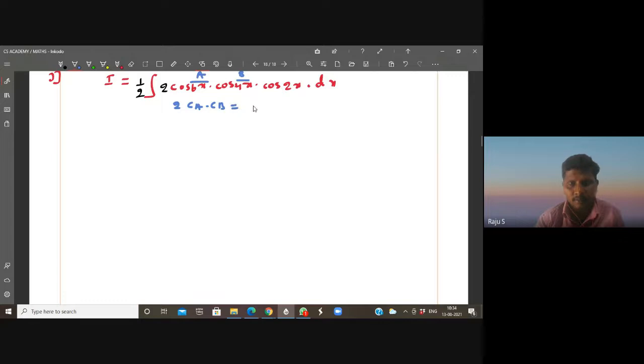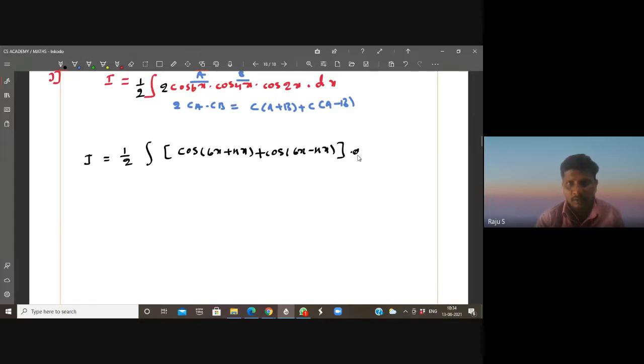It is cos of A plus B plus cos of A minus B. Remember, students, with the help of this, I is equal to 1 by 2 times of integral of cos of 6x plus 4x plus cos of 6x minus 4x, into cos 2x dx.